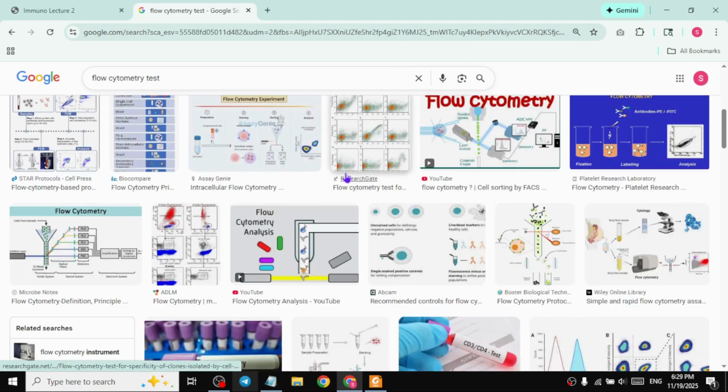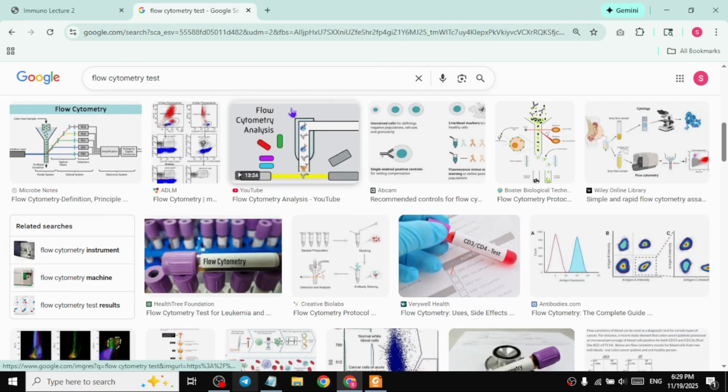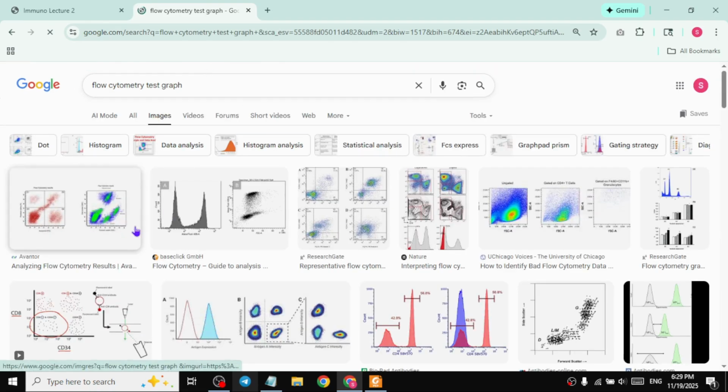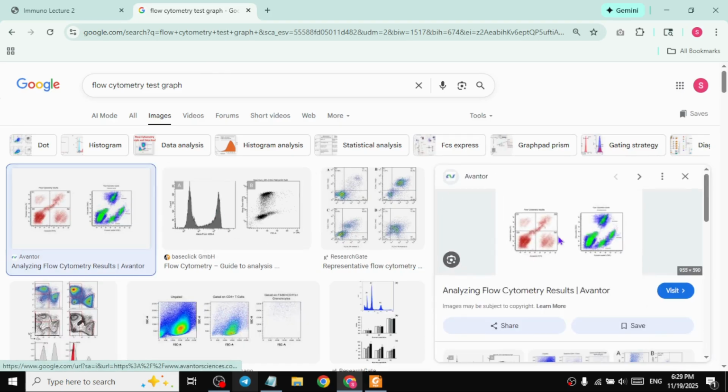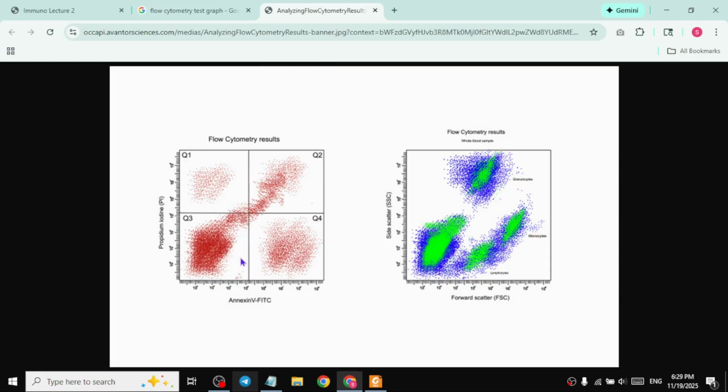So you see, they give you a plot of the graphs and stuff, right? So let's just analyze this quickly. You see, there's two graphs that are going on. With all of these different quadrants, somewhere they'll say that this is CD55 positive and this is CD55 negative, right?